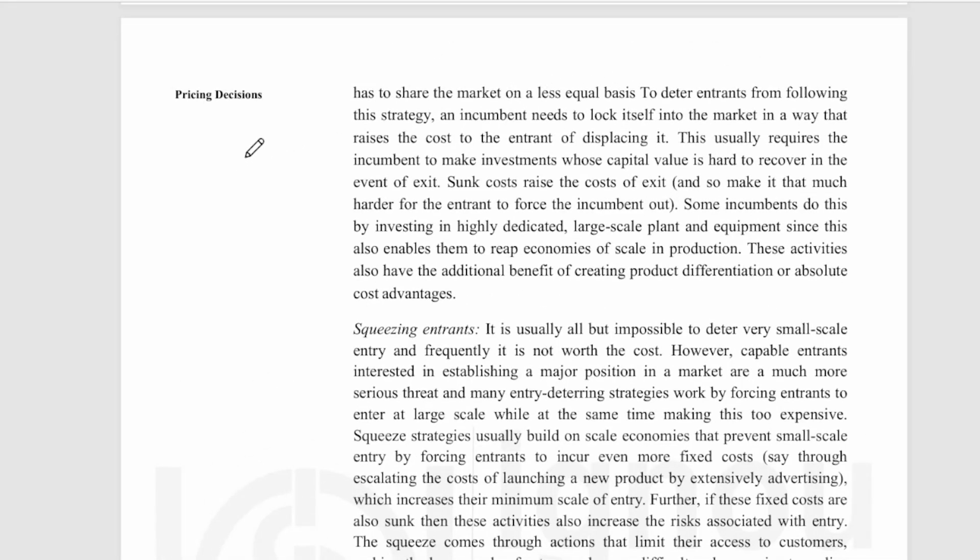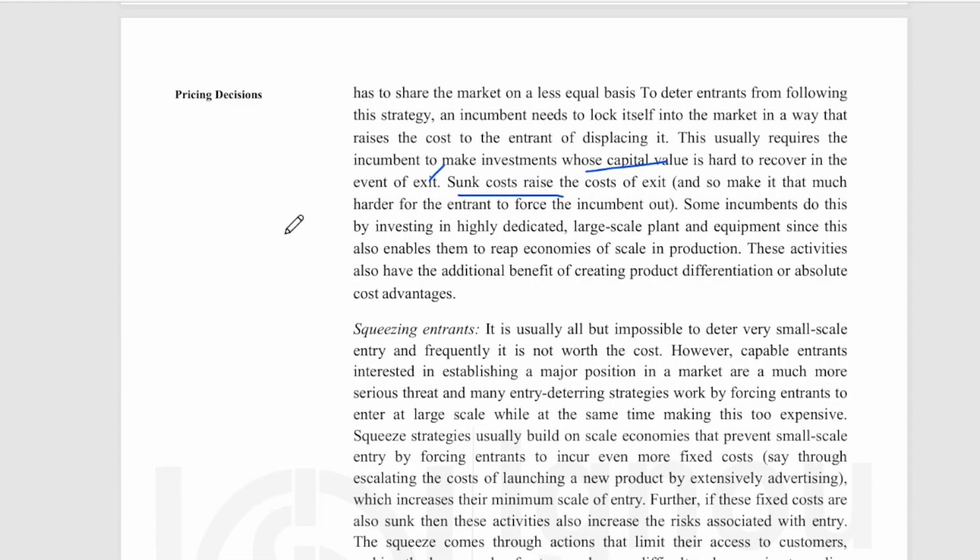To deter an entrant from following this strategy, an incumbent needs to lock itself into the market in a way that raises the cost to the entrant of displacing it. This usually requires the incumbent to make investments whose capital value is hard to recover in the event of exit.